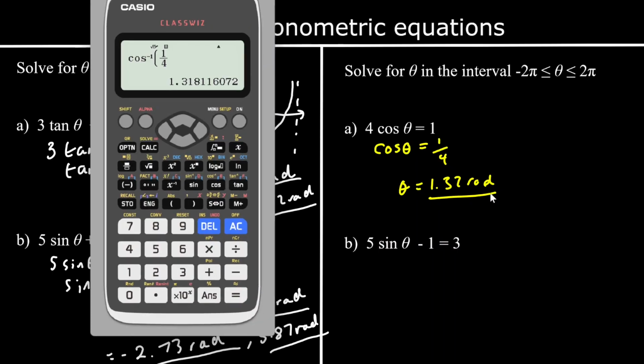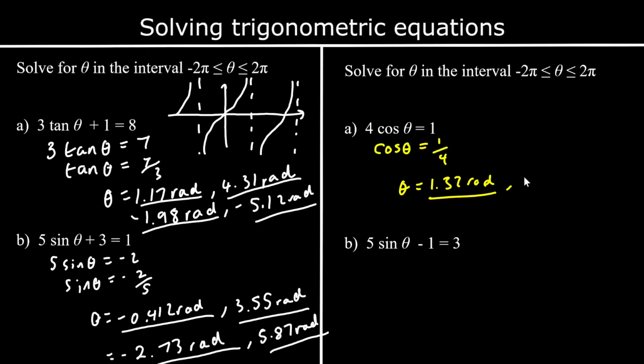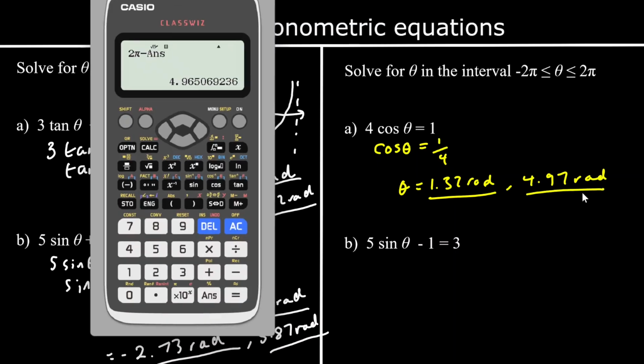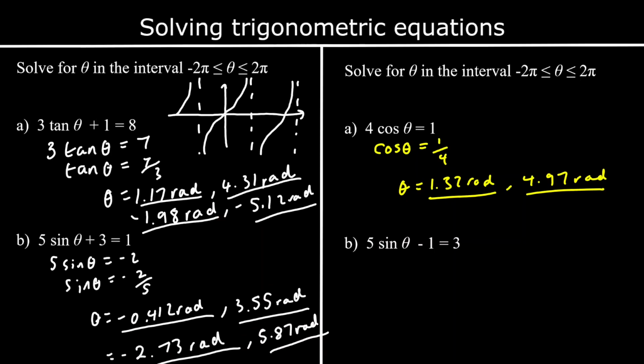To get the second answer, we're going to do 2 pi take away the first answer, which is 4.97 radians. Let's store those as A and B. And then we want to do A, which was our first answer, take away 2 pi, which is negative 4.97.